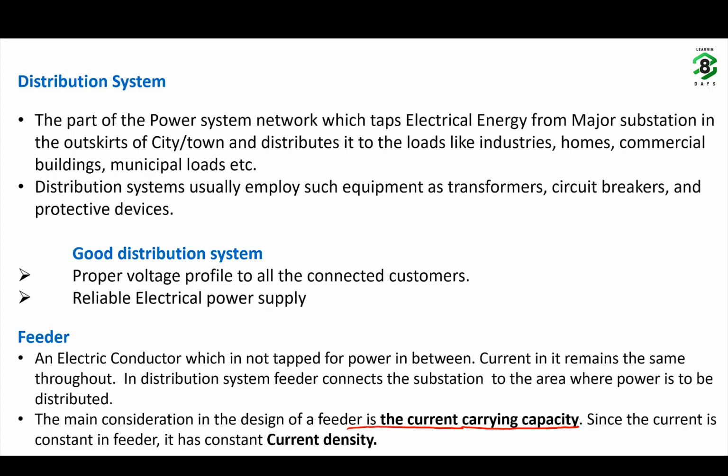Since the current in the feeder is constant, the feeder has constant current density. So what is the main design consideration for the feeder? The current carrying capacity or current density.